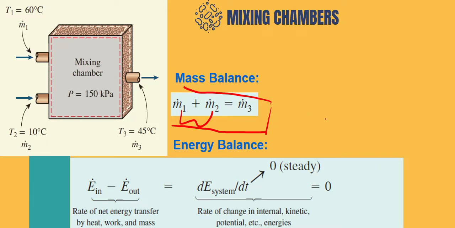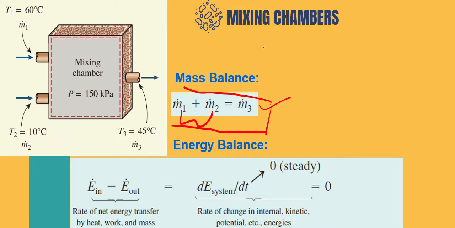So inlet equals outlet, and similarly for energy, you need two inlets and one outlet. That's why you have M1, M2, and M3, H1, H2, and H3. And this equation is already simplified for you.